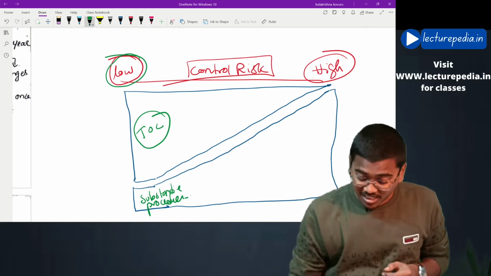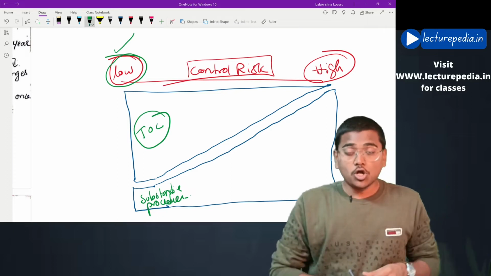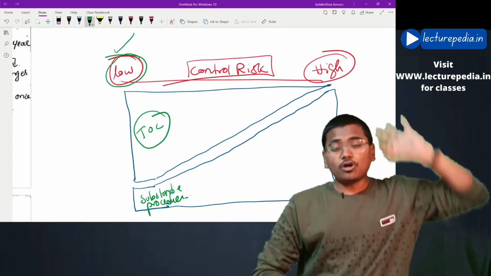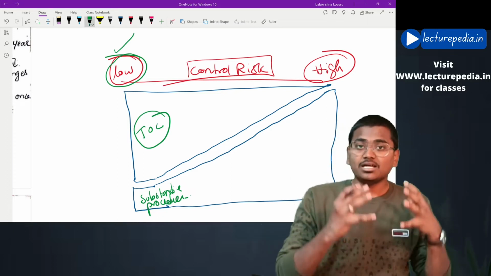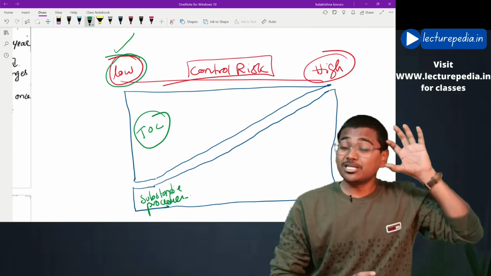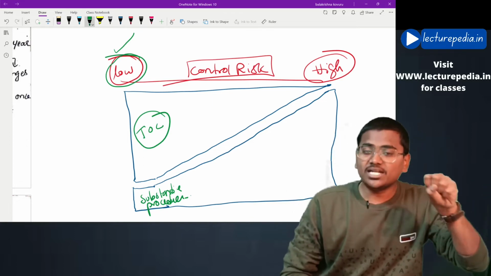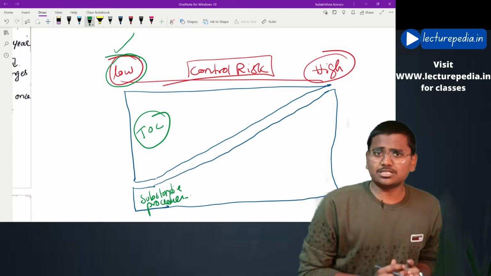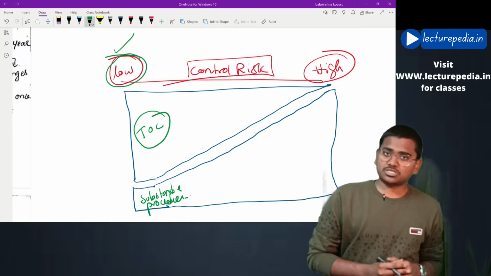Thereby, if the control risk is low, auditor will perform more of test of controls and will obtain evidence that controls are working properly. Okay, after obtaining this evidence, auditor will just perform some of the substantive procedures.